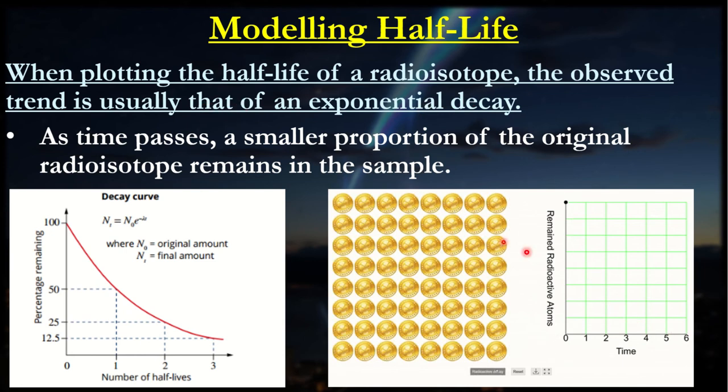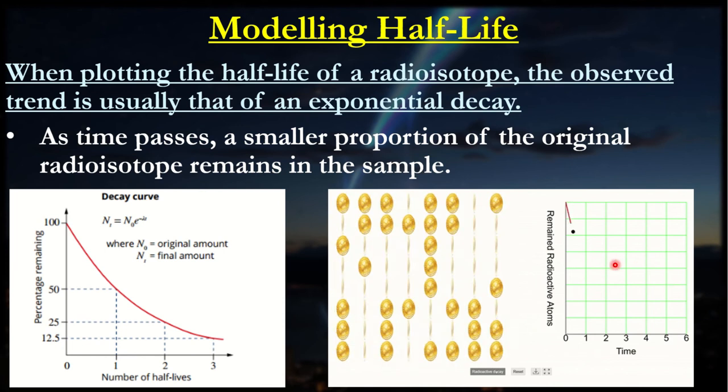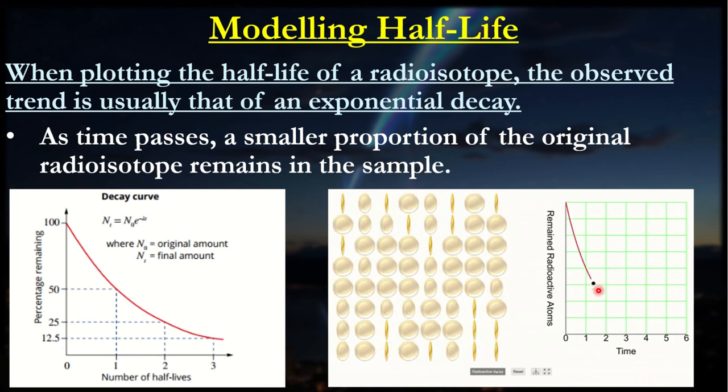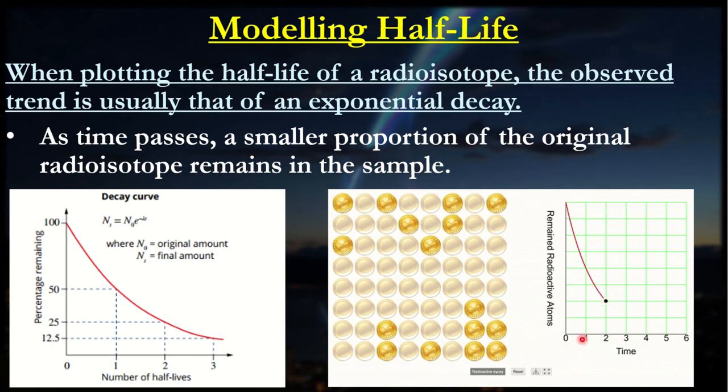So when we plot a half-life, we will see an exponential decay. You can see with this chart here, for each half-life being, let's assume, 1 second, we have a half reduction in the quantity of particles or radioisotopes remaining. So that's what we mean by half-life.